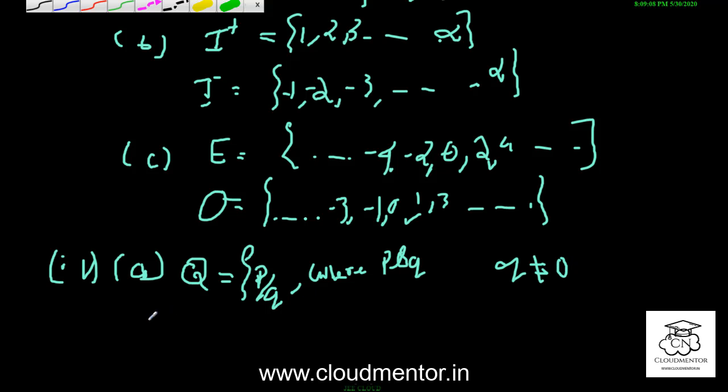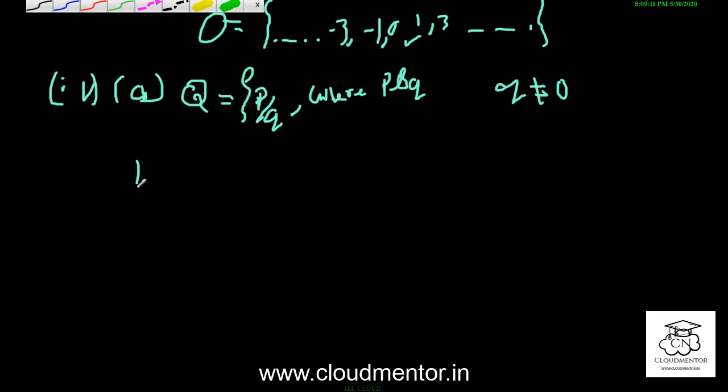And the next one is the set of irrational numbers, which can be represented by IR.